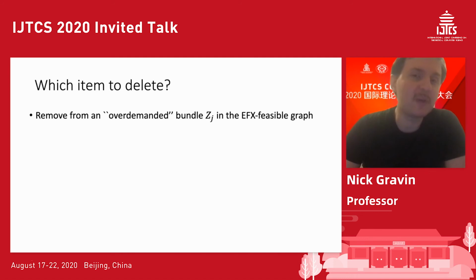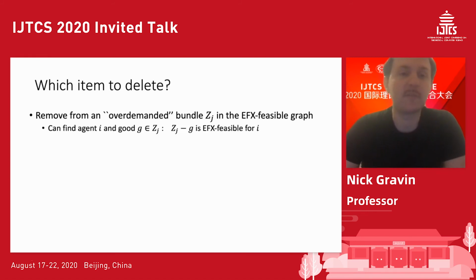The idea is that if we don't have a complete matching, we have some over-demanded bundles, which too many agents want to get. The idea is to remove items from those over-demanded bundles.